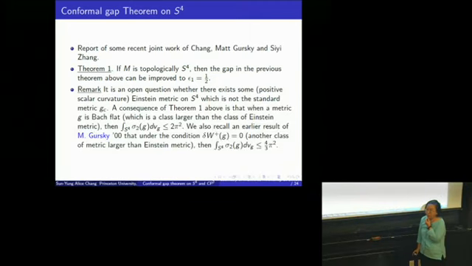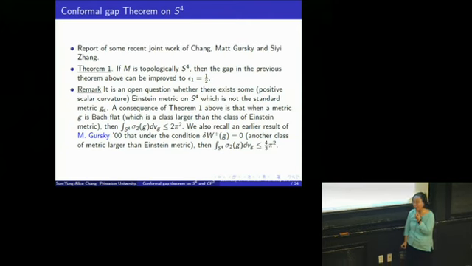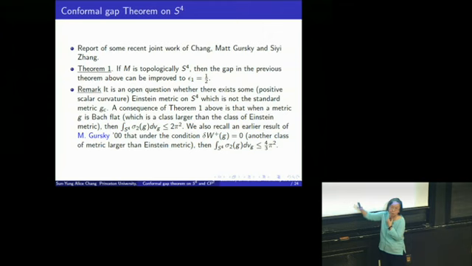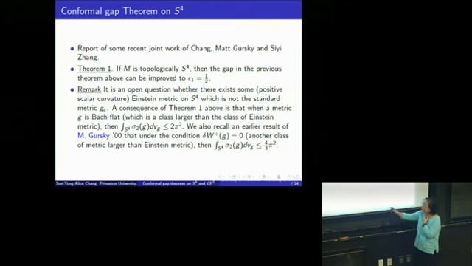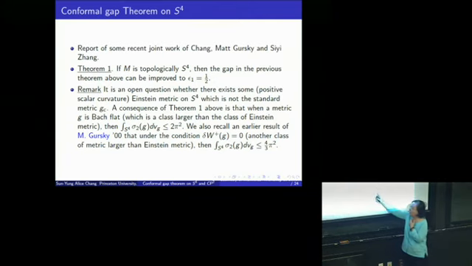So we would like to use this invariant, the size of this sigma 2, to control the metric, and that's the goal. And it turns out there is another result of Gursky, which says if you are under the assumption that the divergence of Weyl plus is equal to 0, then the size of this invariant is even less than 2 pi square.